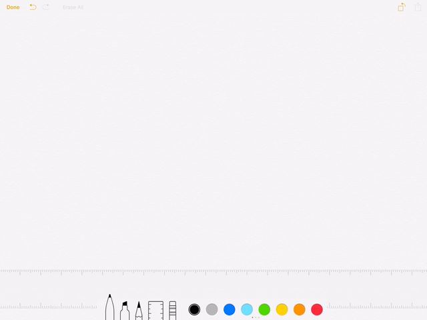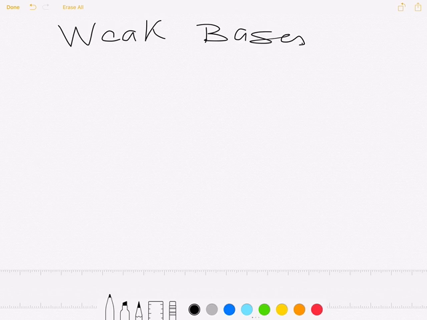So local anesthetics are essentially chemicals that are weak bases. And weak bases, as you know, are proton acceptors or hydroxyl donors. I'm not going to mention that.